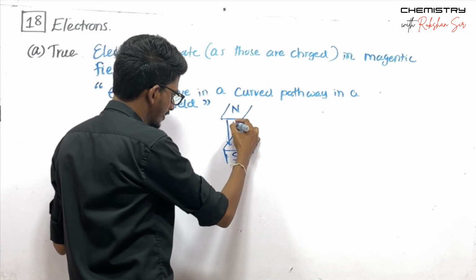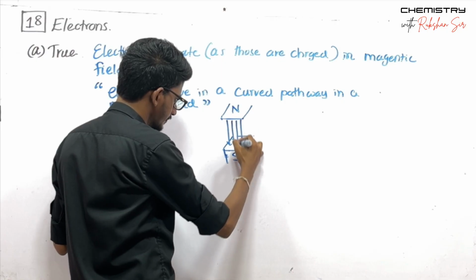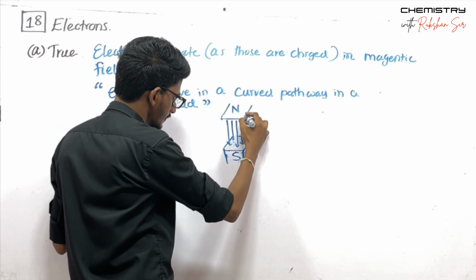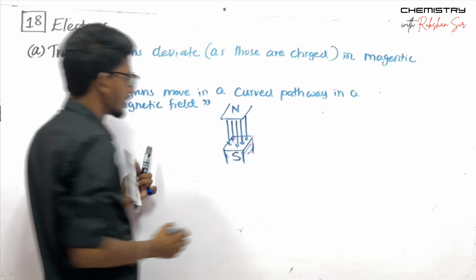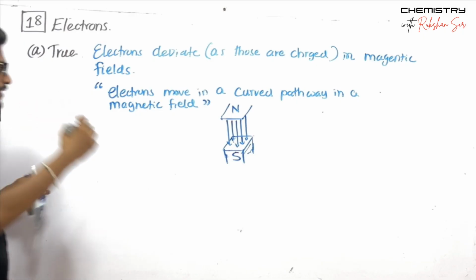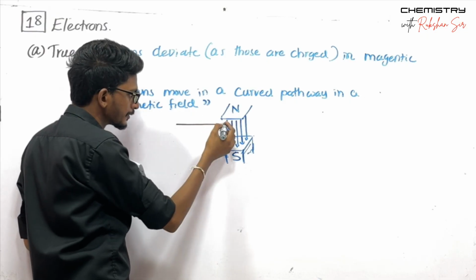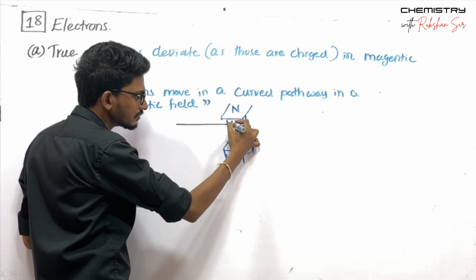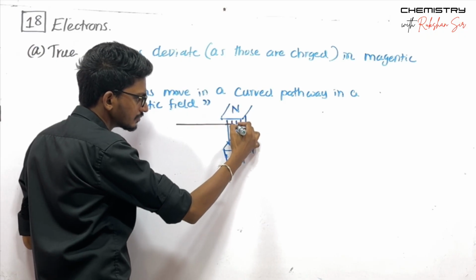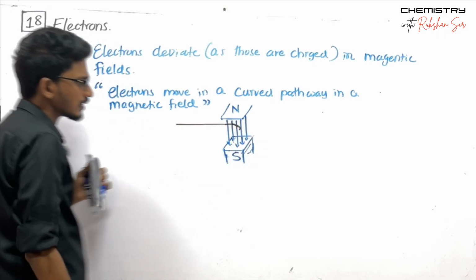So in a three-dimensional arrangement, right? So electrons are going like this.